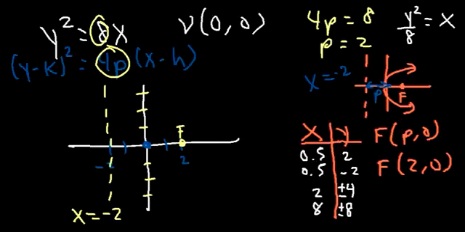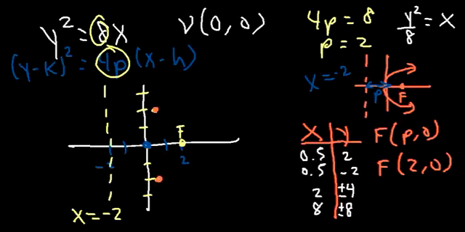So when we plug in 2 for y, x was about 0.5. So that means it's somewhere over here. But also for negative 2, we get positive 0.5 for x. Let me use a different color. The key is to choose the right points.